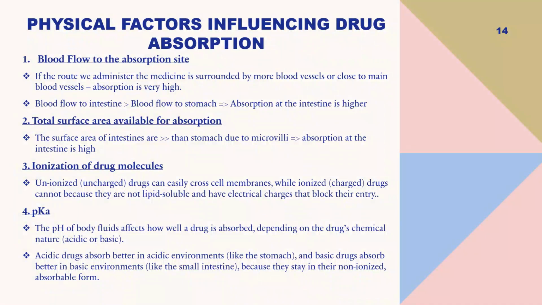So basic drugs with high pH levels are going to dissolve very well in the small intestine because it has a basic environment, with the pH level towards the base. They get dissolved more in the small intestine because they stay in their non-ionized absorbable form. So these are the physical factors influencing drug absorption.